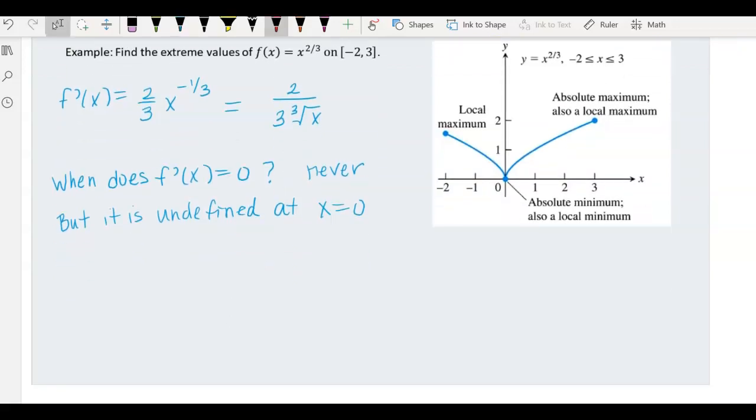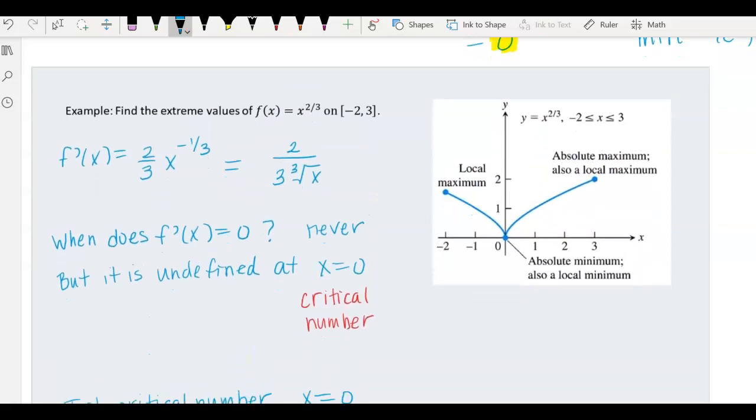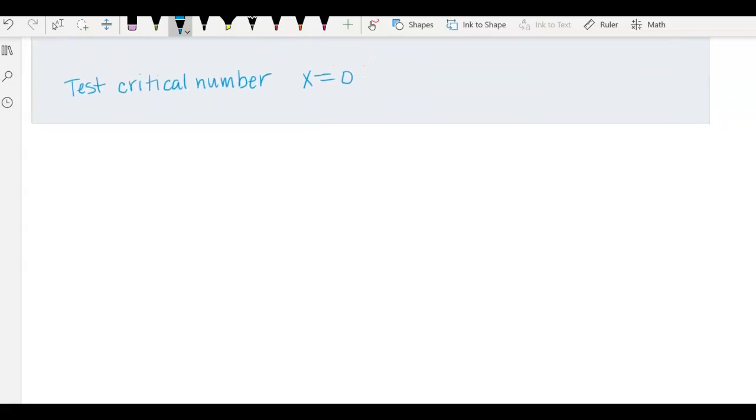So our critical number in this case is going to be x equals 0. All right, so we're going to test the critical number x equals 0, and then we're also going to test the endpoints, which were -2 and also 3.